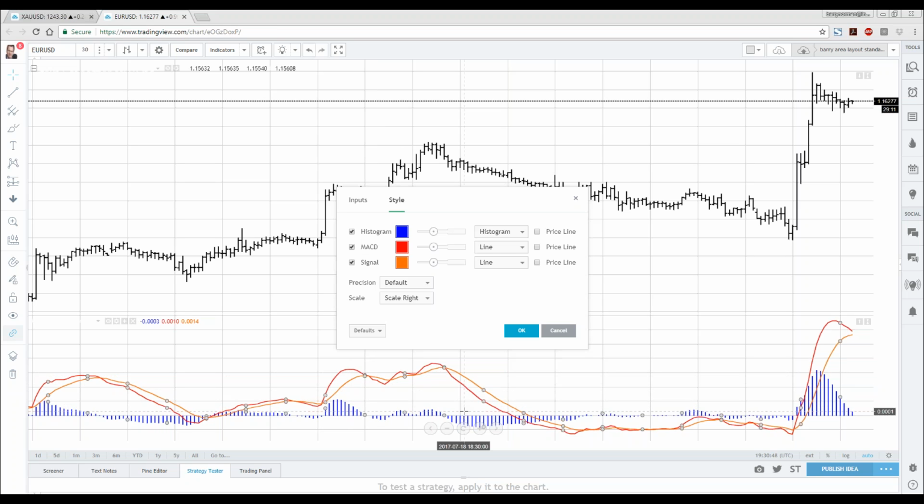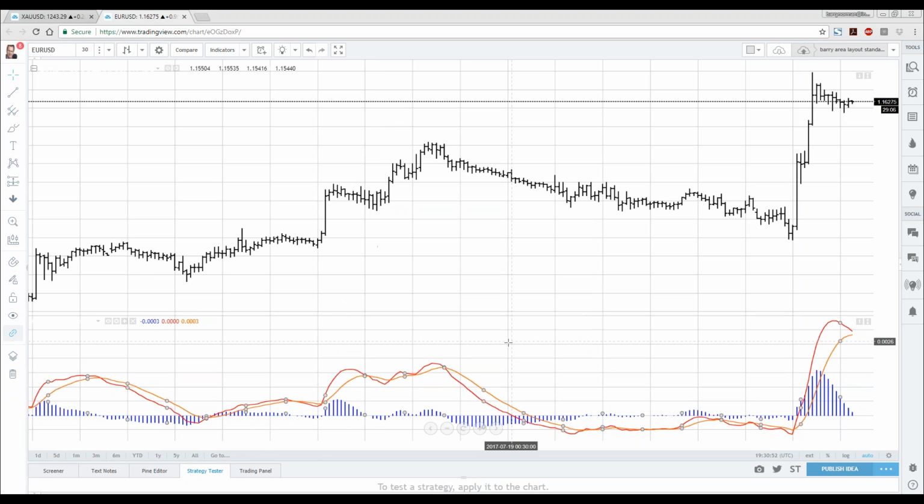So it's 3 simple calculations, because what we're looking for is a reaction between these 3 variables. The 2 prime reactions are the crossovers between the red line and the orange line, the red being the signal line and the MACD line.